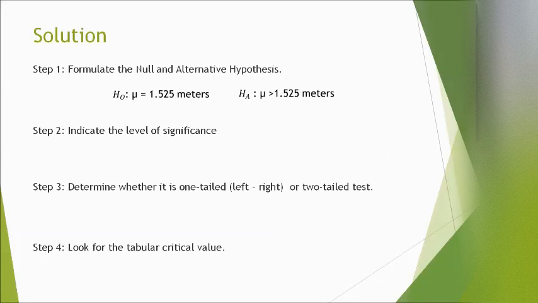And the alternative hypothesis: the population mean is greater than 1.525 meters, because the given problem says taller. Step 2, indicate the level of significance. It is given in the worded problem. The level of significance is 0.05.